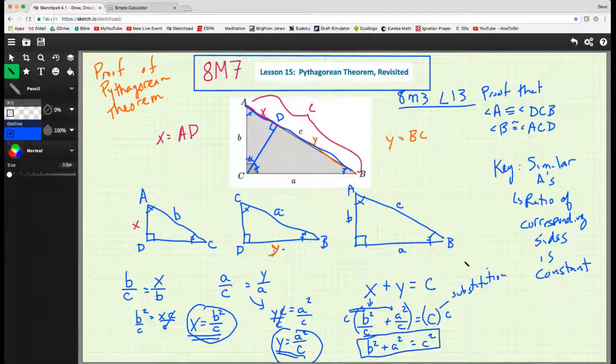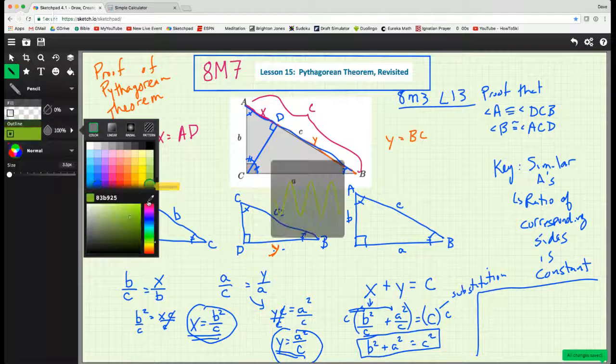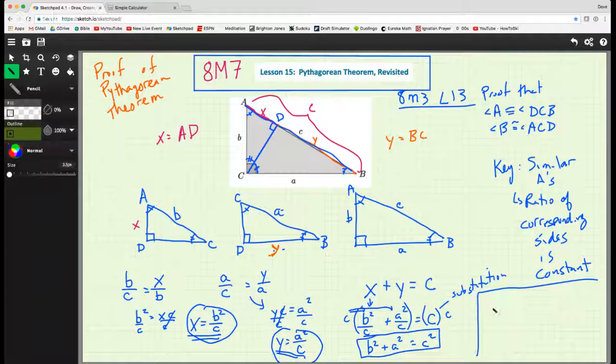Let's write out some of the building blocks that we've used. We've used our principles of similarity. We had to learn about similarity. We had to use substitution.